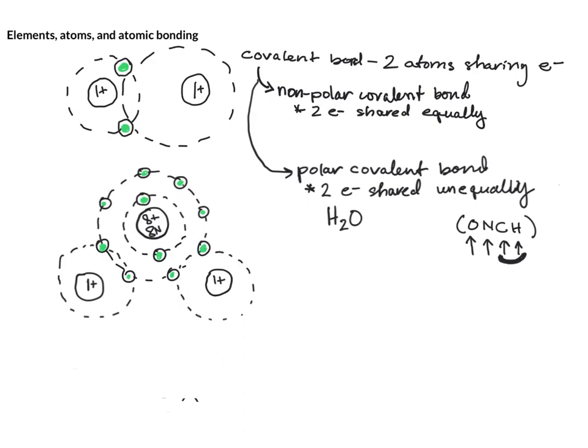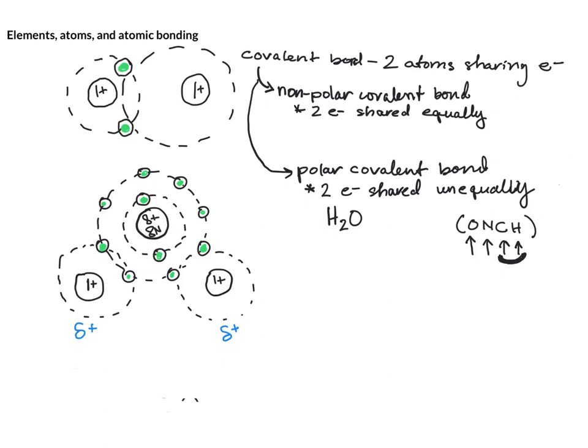That results in some charges sort of shining through. So over here on this hydrogen end, I'm going to make this funny little symbol which means partial. I'm going to have a partial positive charge by each of my hydrogens. Why positive? Because I've got a positively charged proton and I don't have any electrons hanging around here neutralizing that charge, because they're all getting sucked over to the oxygen end.